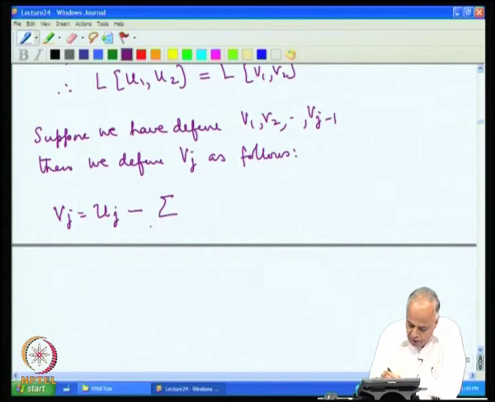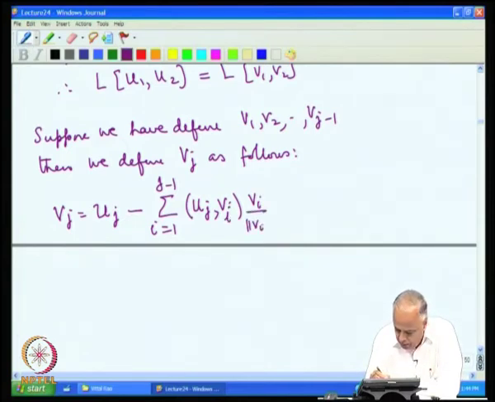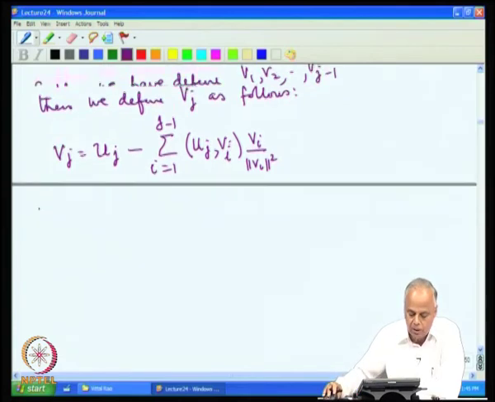So, that is obtained by taking i equal to 1 to j minus 1, all the previous stages, take the vector uj, look at its projection along vi, the previous direction, and subtract it, then look at the unit vector in that direction. This is how vj is defined once we know all the previous ones. Again, you know that this will not be 0 and you get the orthogonal vectors.